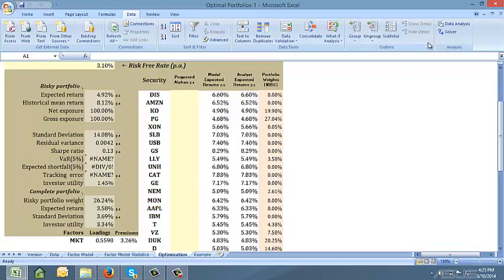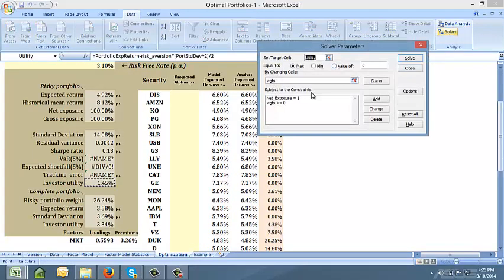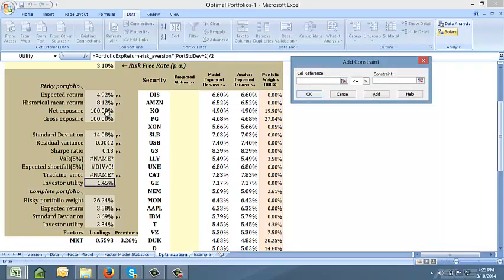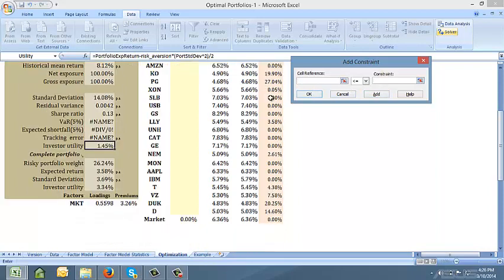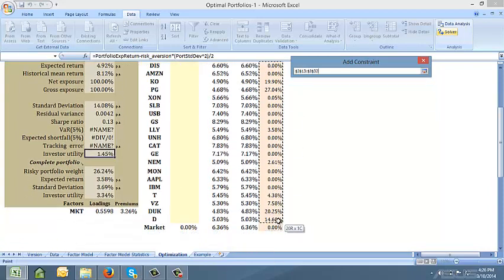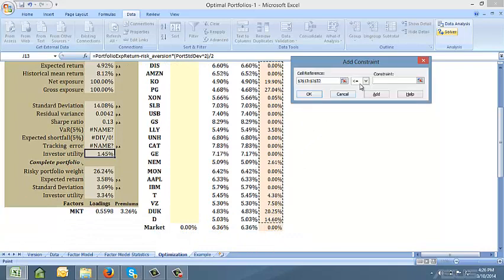Alright, now using solver, I can put in the constraints. Add gross needs to be equal to 1 because she wants to invest all of her assets. These need to be between 0 and 7%. Since we already put positive weights only, we only have to add that.